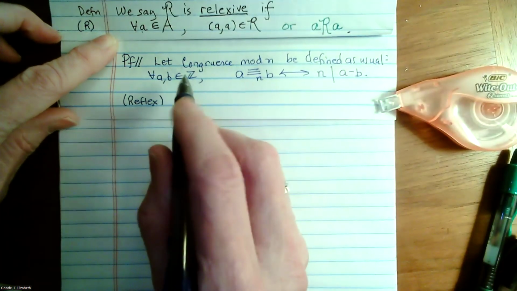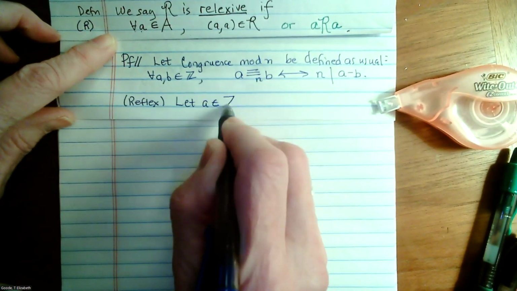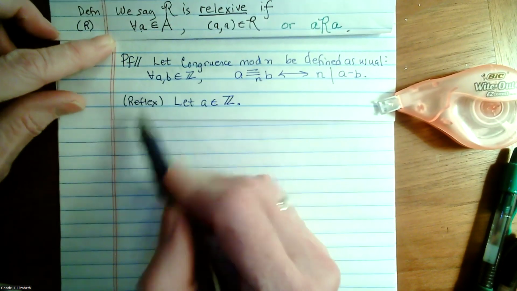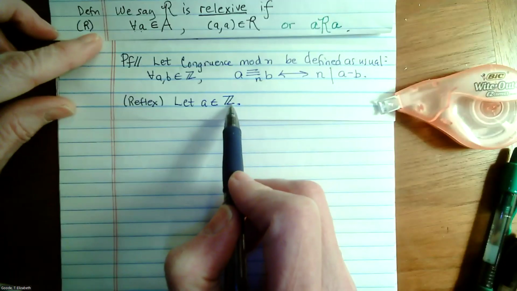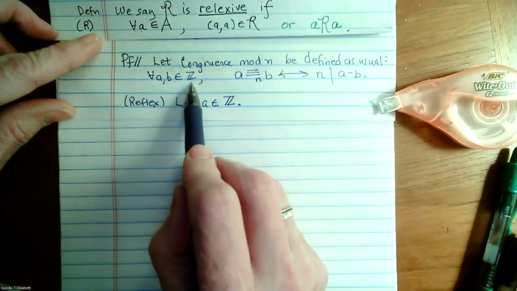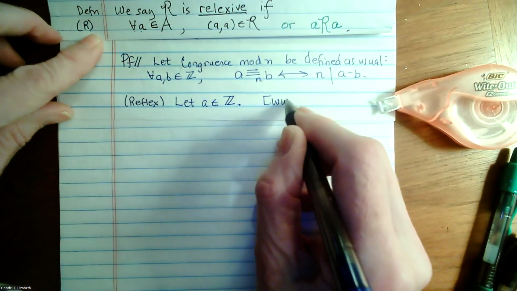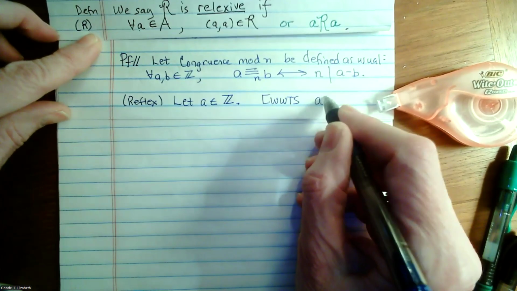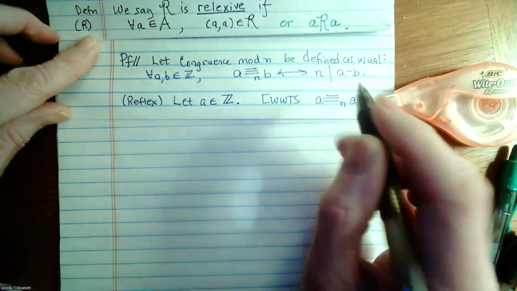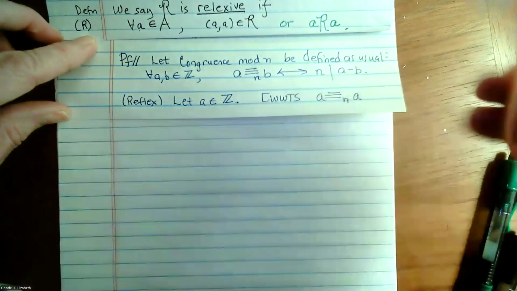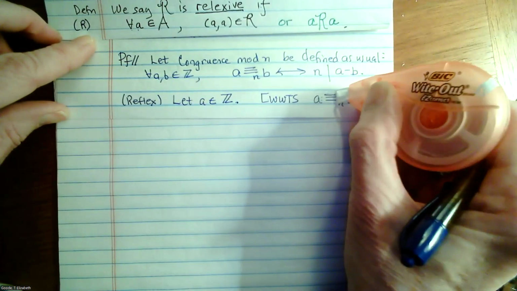So here we go. We just let a be an element of Z, because it's RST, 1, 2, 3. We just need one element of the underlying set, and that's Z. What do we wish to show? We wish to show that a is congruent mod n to a. That's what we actually want to show, that a is congruent mod n to itself.